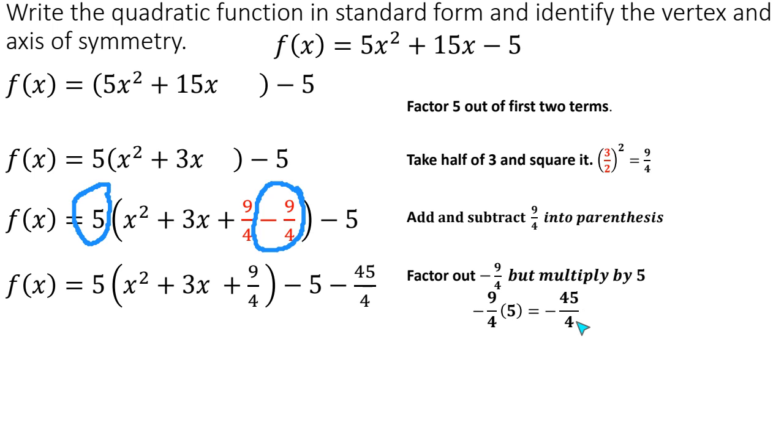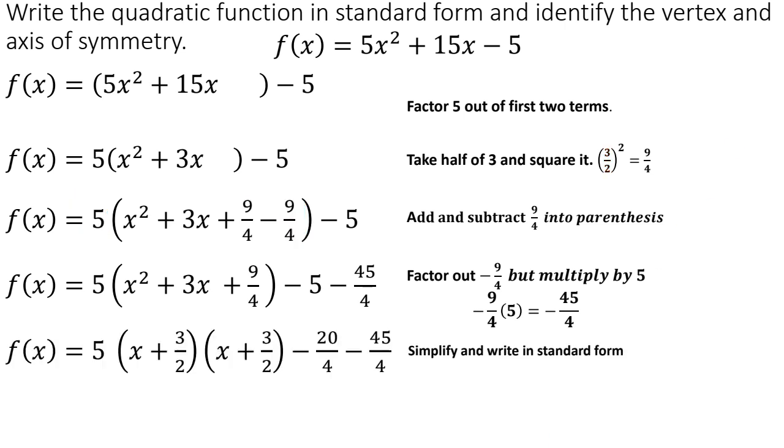Okay, so let me close that out. So I have it here, my negative 45/4, and then I still have this negative 5. So eventually we're going to go ahead and add these together. But let's work with the parentheses first.